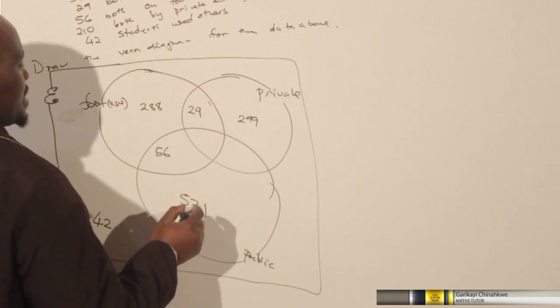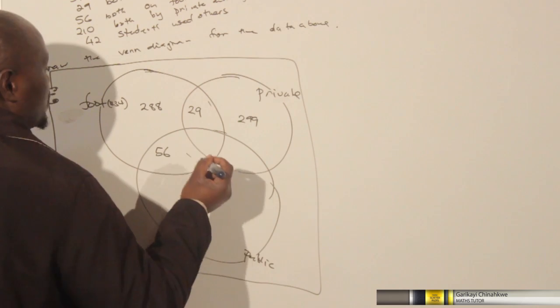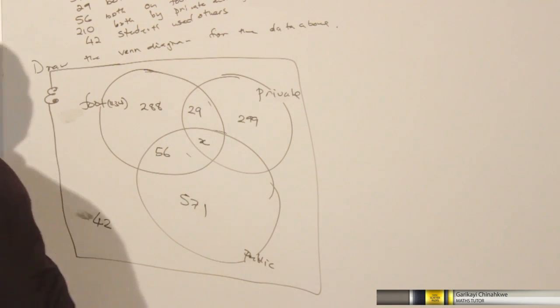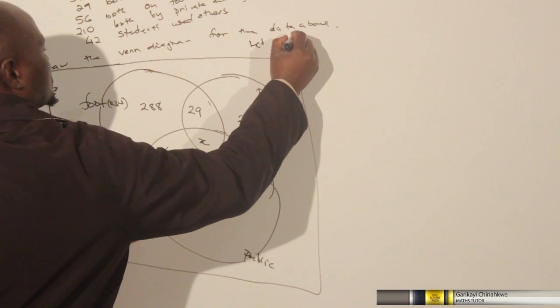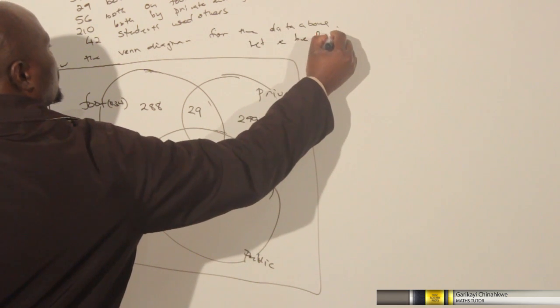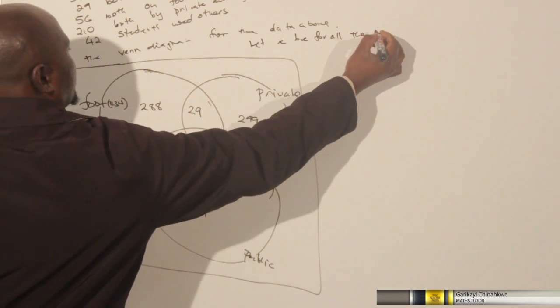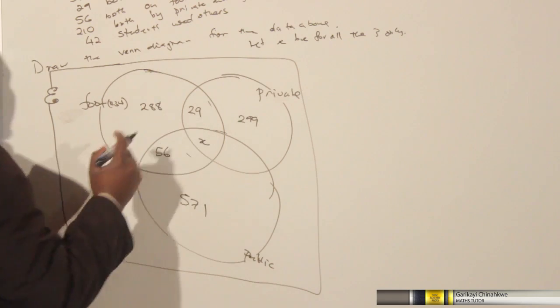So it's 210, and it's not only. So let us call this X. Let X be for all the three only. So it's X there.